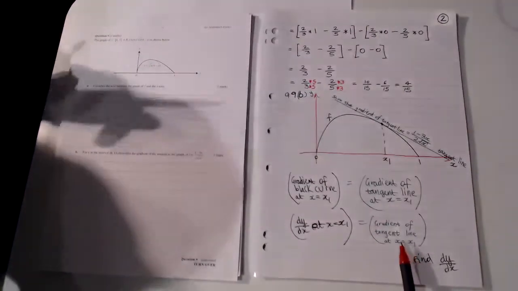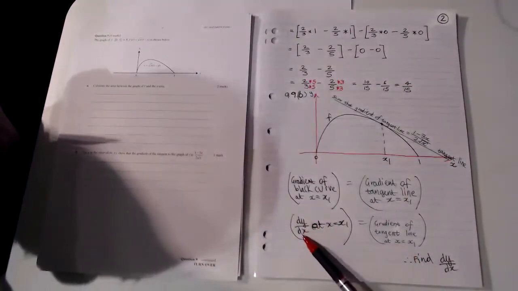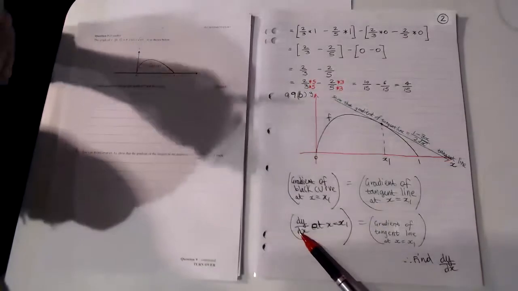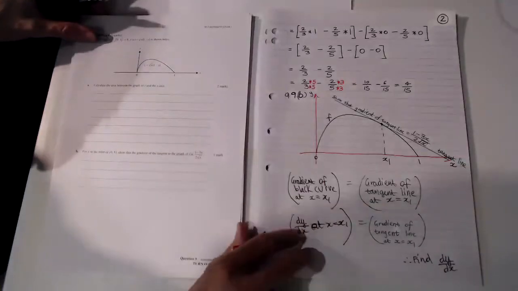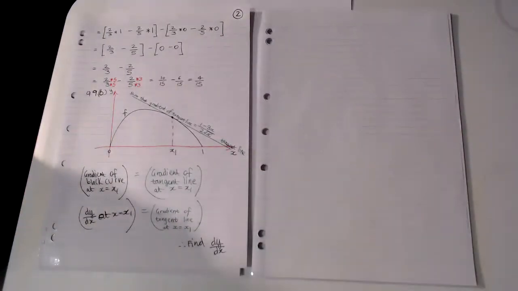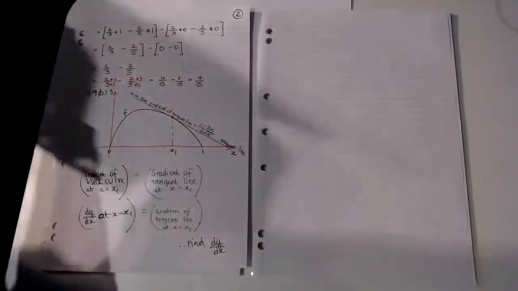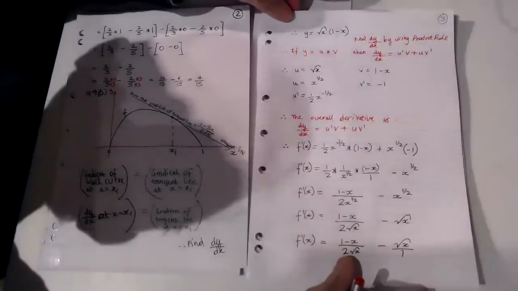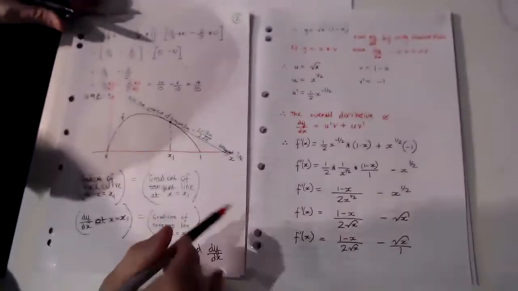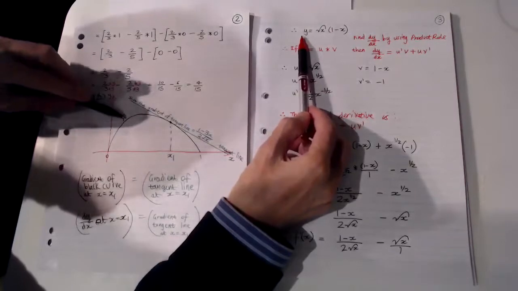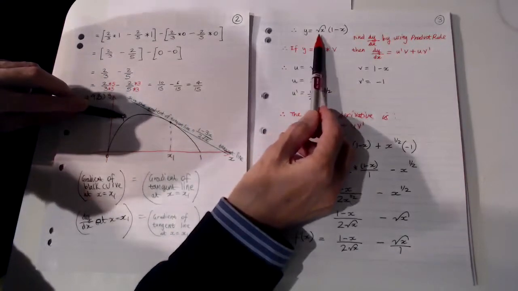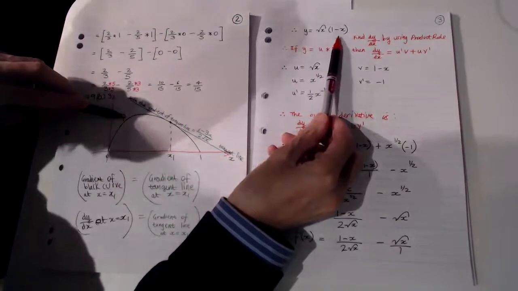To work out this question, we've got to work out dy/dx. So we've got to now do a little side calculation where we find dy/dx. Now, we know from the question that the black curve has got the equation y equals square root of x times (1 minus x).